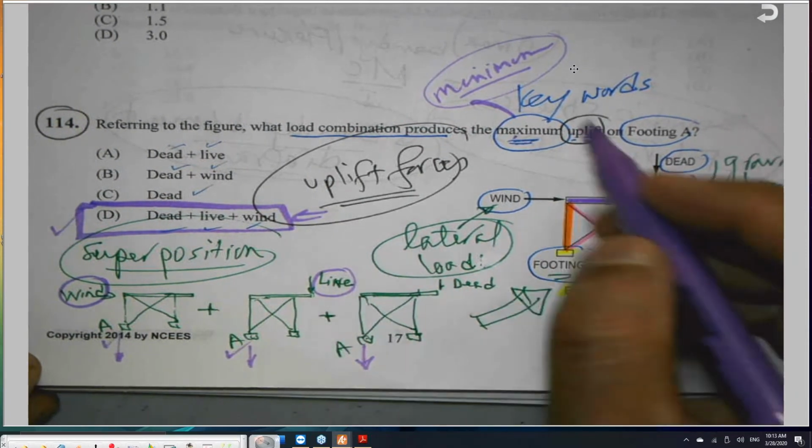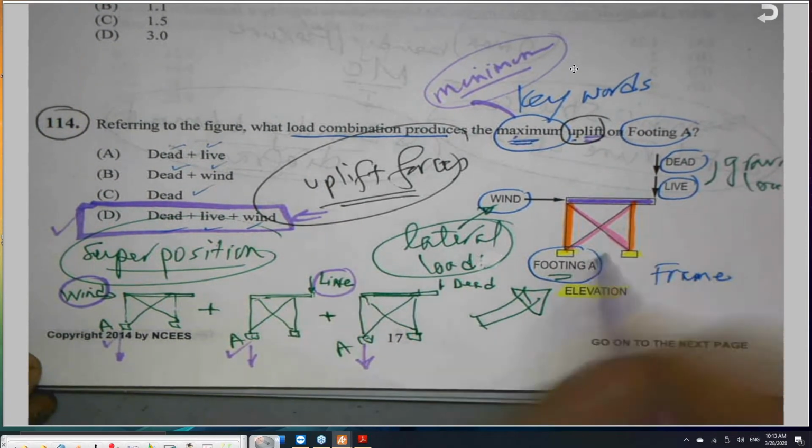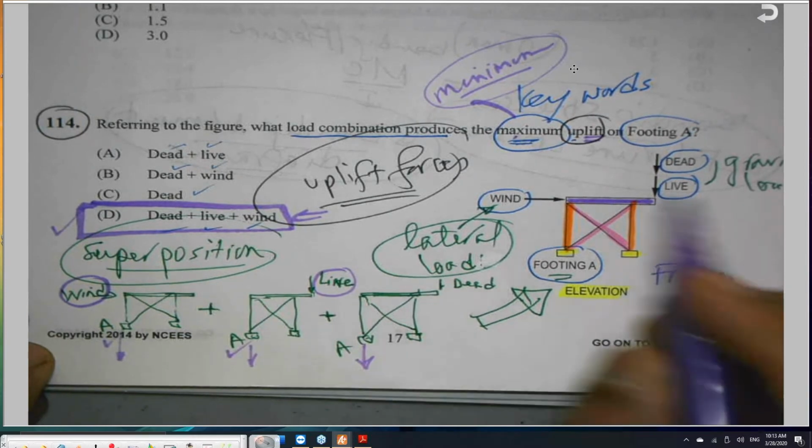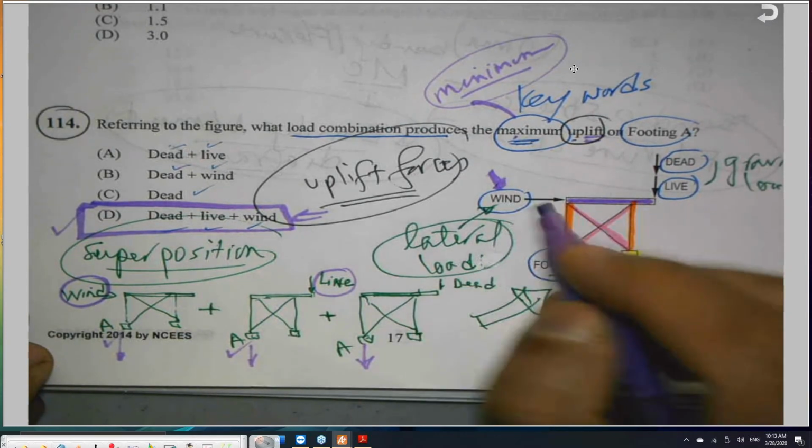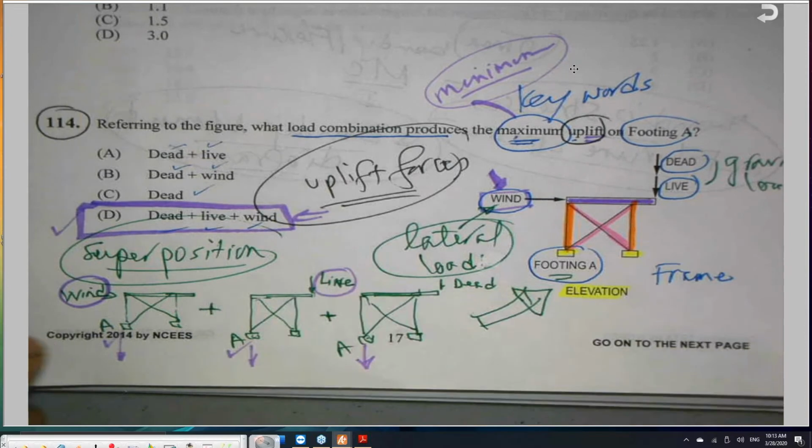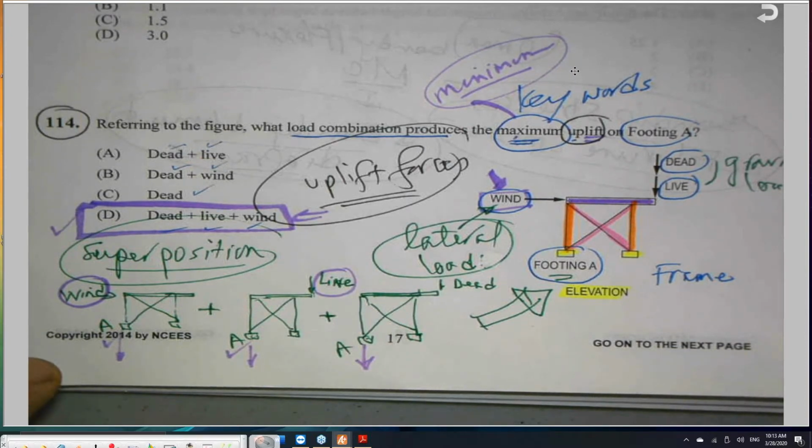If you ask me for the minimum uplift force at the footing A, I will say, wait a second. Wind is not necessarily happening 24/7. Sometimes we have wind, sometimes we don't. Sometimes during the year we have a gust wind, 80 miles per hour or 90 or 100, whatever the value is.